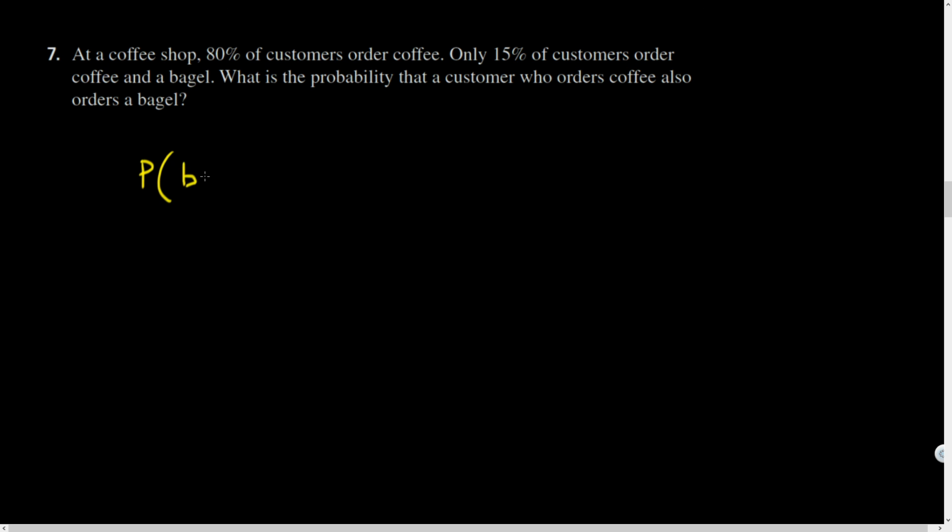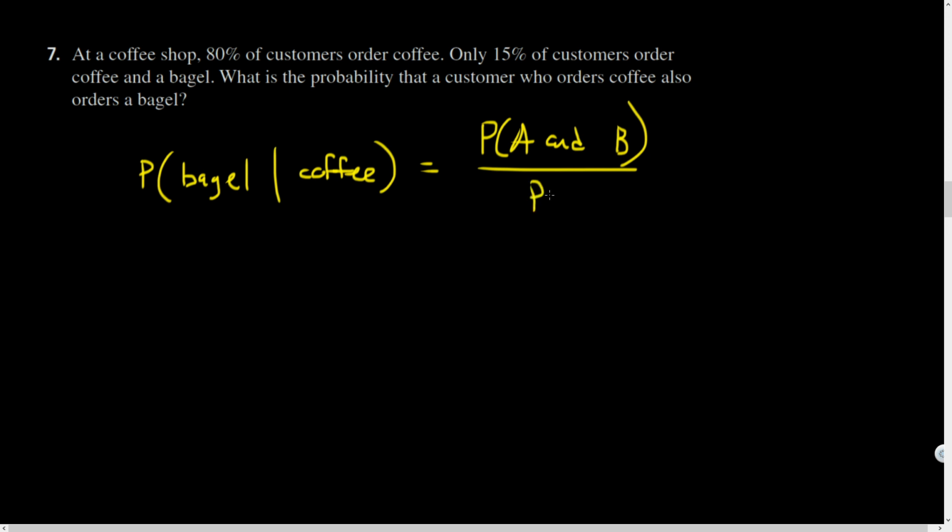What's the probability that someone orders a bagel, given that we know they ordered coffee? This is going to be equal to the probability of both divided by the probability of just getting coffee.